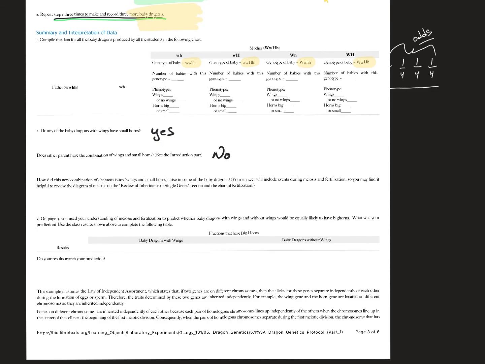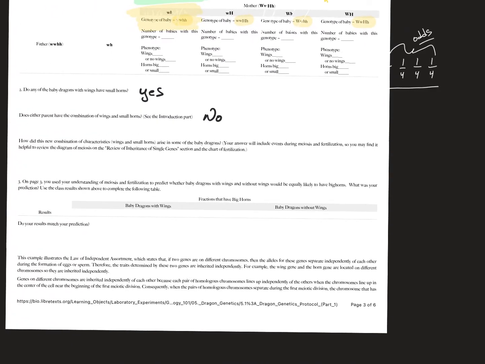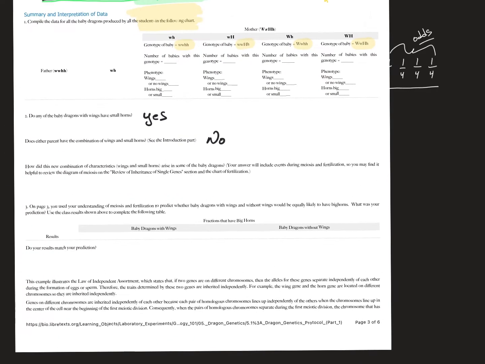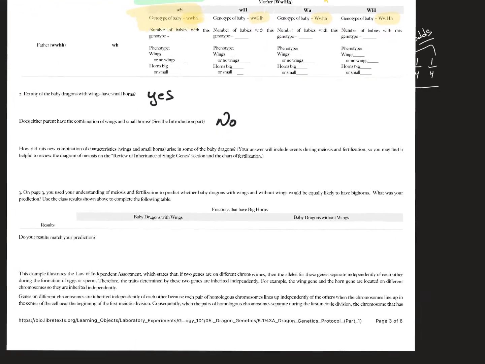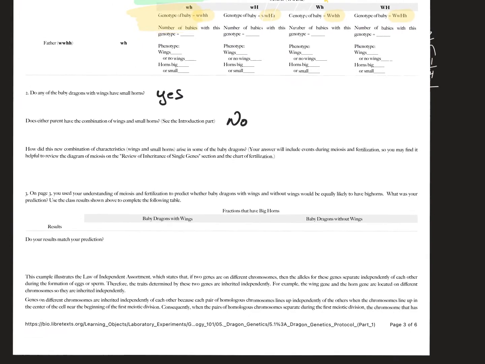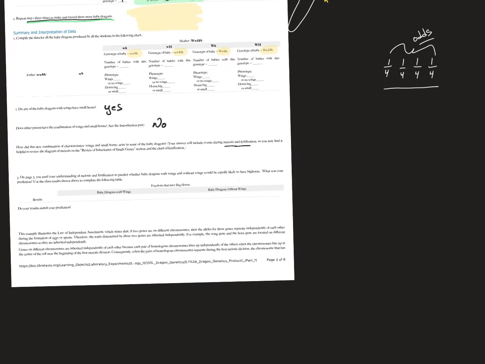So how did the new combination of characteristics, wings with small horns, come up? If neither parent has wings with small horns, how do you get a baby that has wings with small horns? Here you have to explain what happens during meiosis and fertilization, and explain in your own words what it means to inherit a gene.